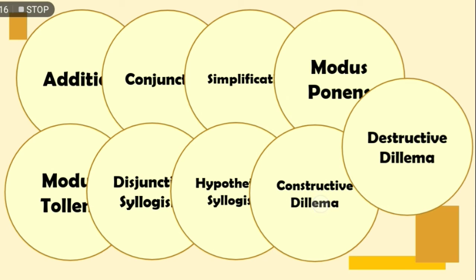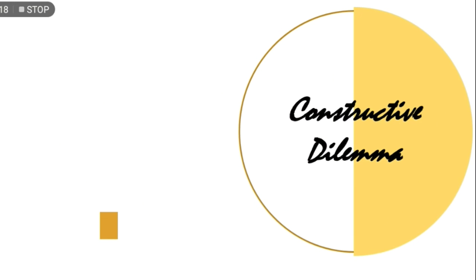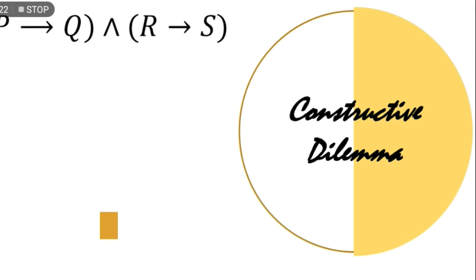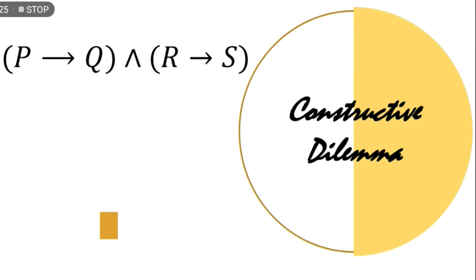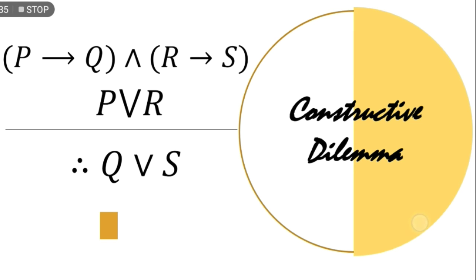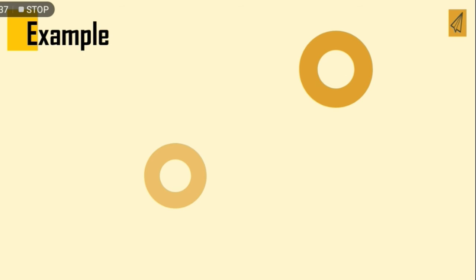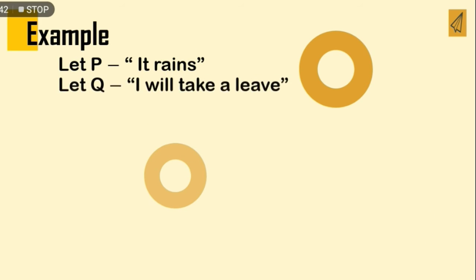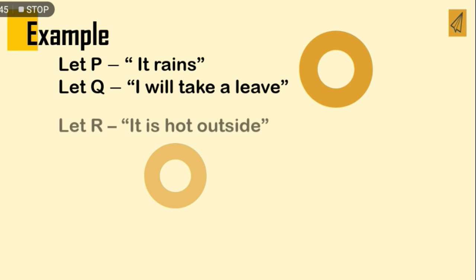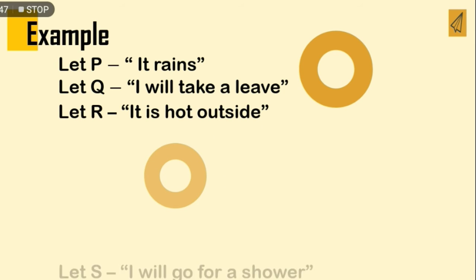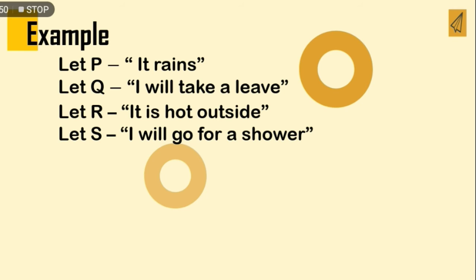The next is the constructive dilemma. If P then Q and R then S, and P or R are our two premises, we can derive Q or S. For example, let P be "it rains," let Q be "I will take a leave," let R be "it is hot outside," and let S be "I will go for a shower."